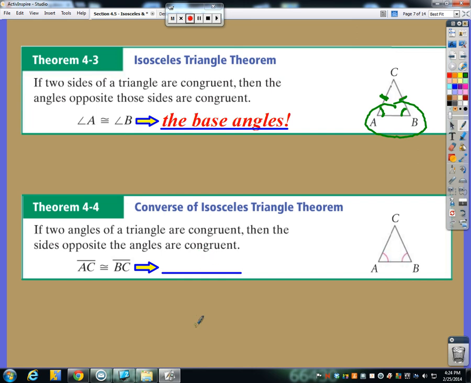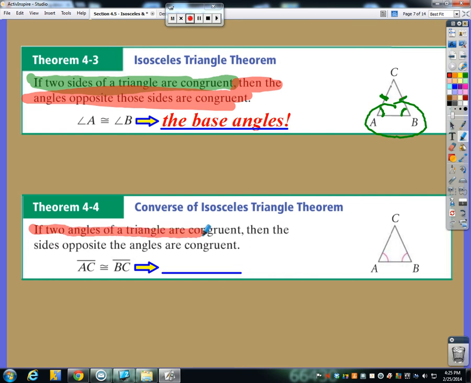Now, theorem 4.4 is the converse of that. And the converse just meant that we flipped the if and the then part. So if you look up at 4.3, here's the if part. If we have an isosceles triangle, essentially, right? If we have 2 congruent sides, then what we concluded was that the base angles were congruent. Now we're literally going to flip-flop those things.